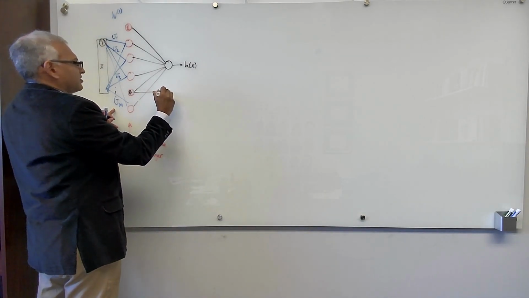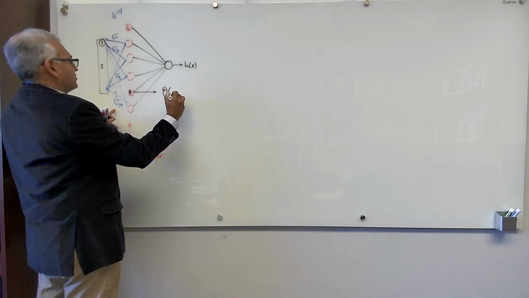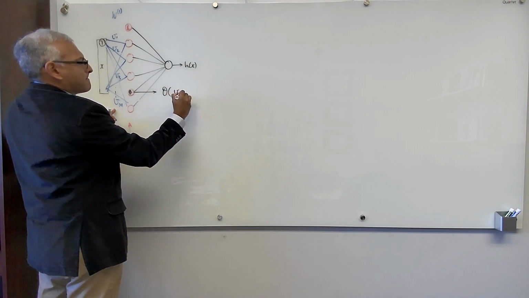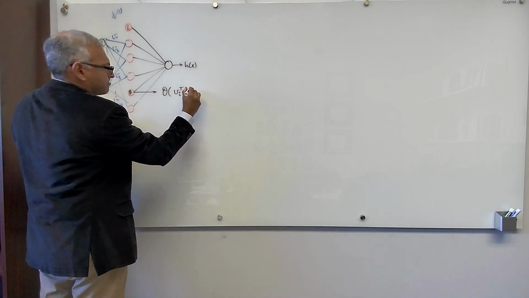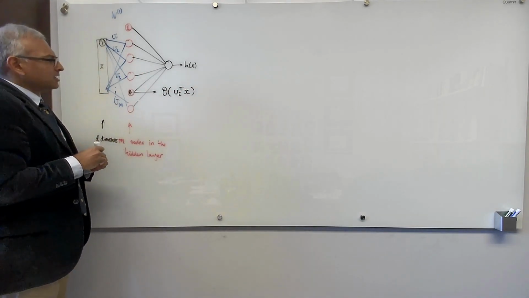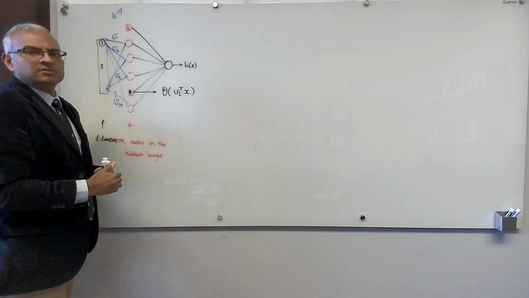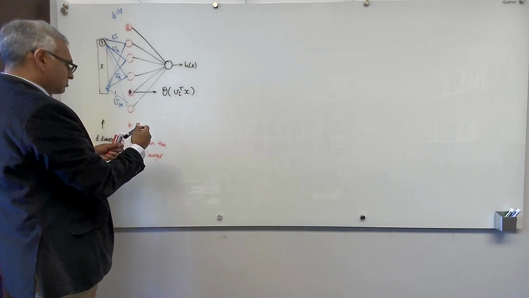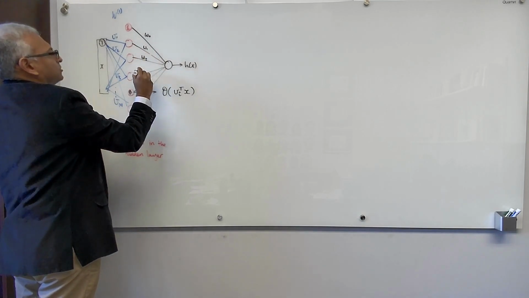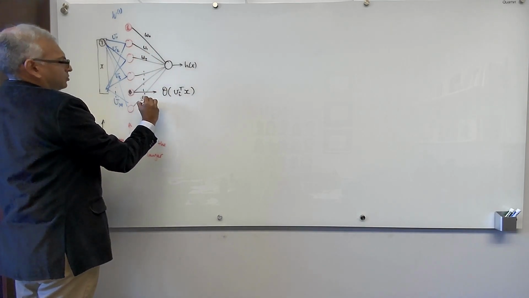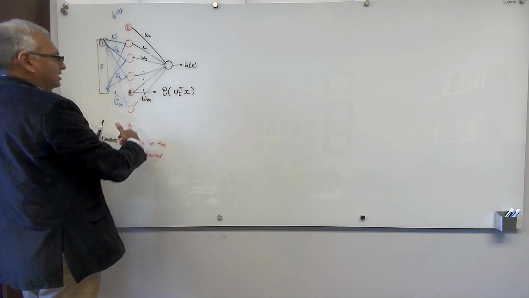What's coming out of here is theta of Vi transpose X. And then we'll call these weights W. So you have W0, W1, W2, and so on up to Wm, because you have m hidden units.